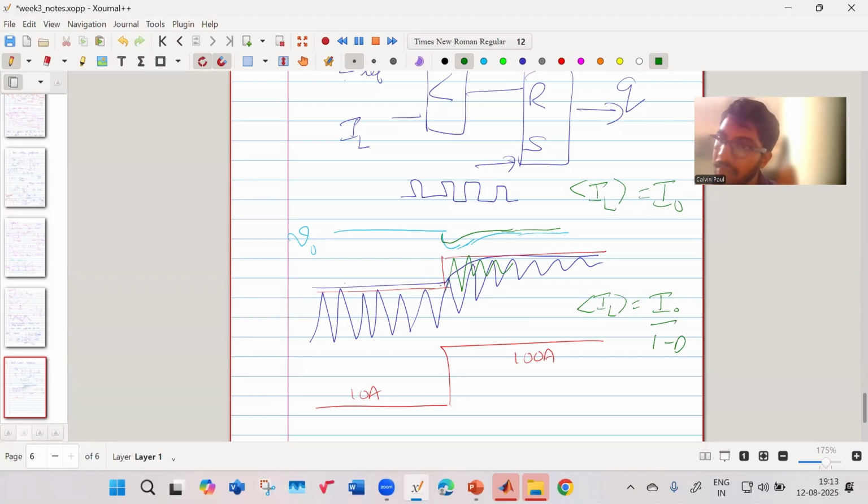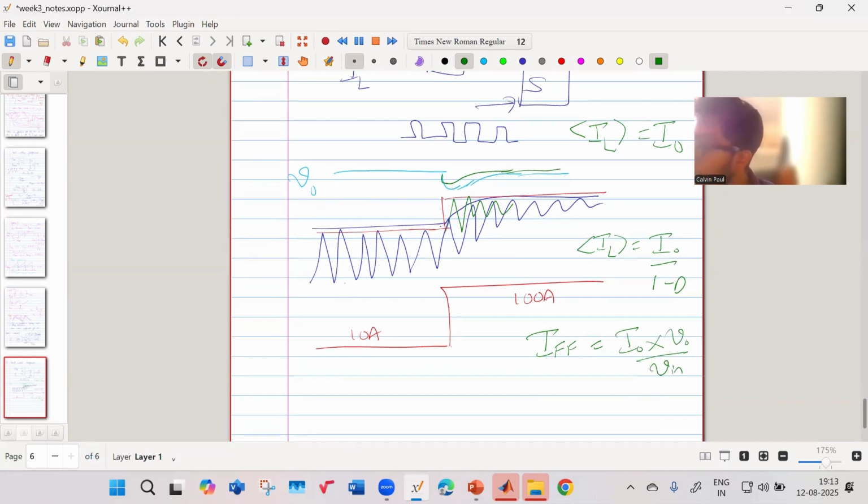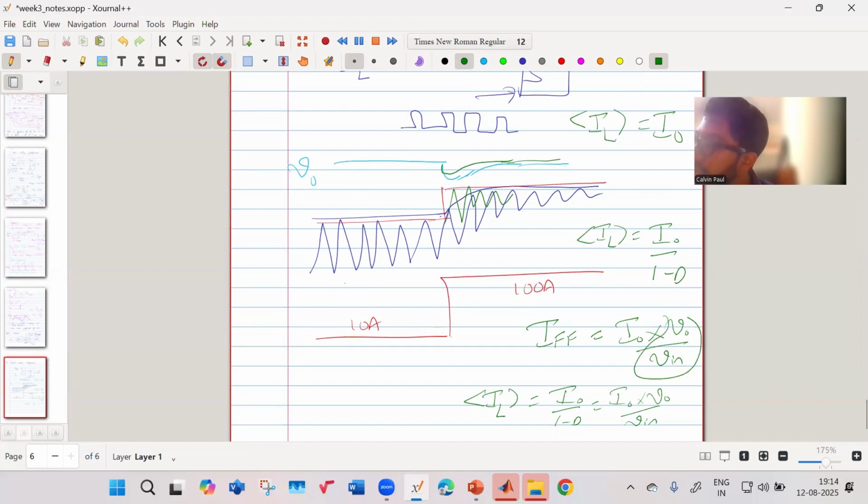It is not directly proportional, so you just cannot add I output. What is done in that case is the feed forward implemented for a boost will be I output into V output by V in. Because your average inductor current is equal to I output upon 1 minus D, which is actually I output into V output by V in.